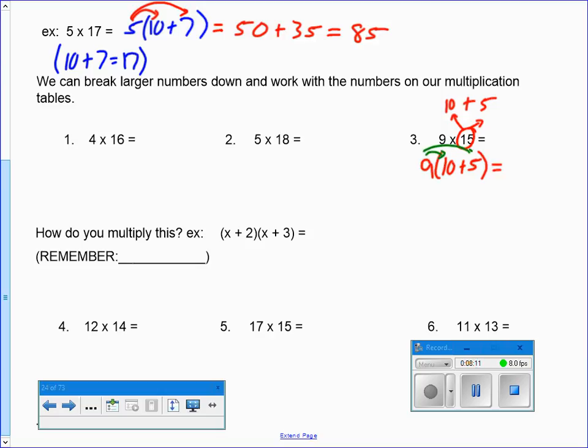That's why it's called the distributive property. So we're going to do 9 times 10. If you don't know off the top of your head, look at your calculator sheet. And then 9 times 5, same thing. And we're going to add them both together. So working with easier numbers and adding, sometimes that's a better way of going than trying to just multiply it all out, working with more difficult numbers. So we can break things down and work with easier numbers.